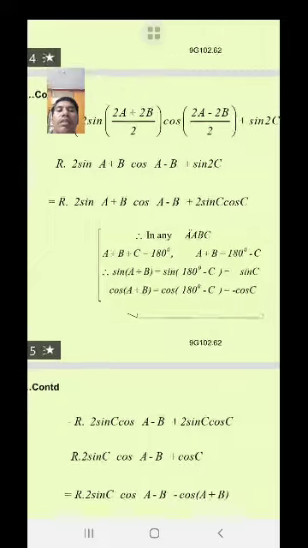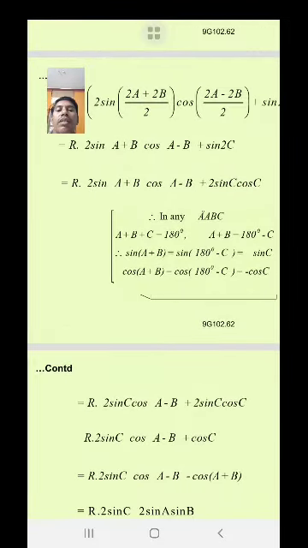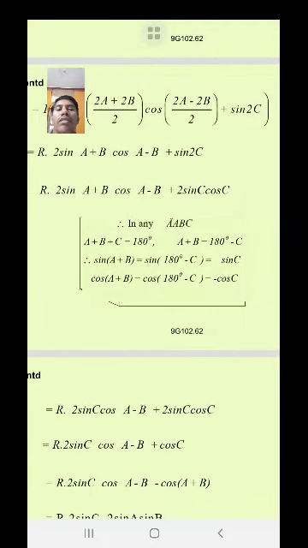See here, sin of (A plus B) we can write sin of (180 minus C), that equals sin C, and cos of (A plus B) equals cos of (180 minus C), that equals minus cos C, because in the second quadrant cos is negative, so the negative sign comes.